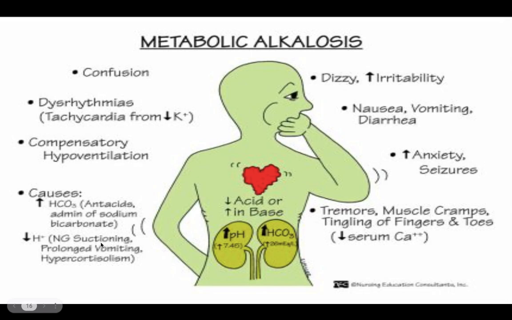Prolonged vomiting will cause it too. They'll present with dizziness, increased irritability, nausea, vomiting, and diarrhea. They'll probably have some anxiety or even seizures, plus tremors, muscle cramps, and tingling of the fingers and toes.